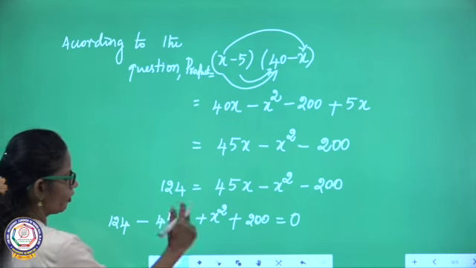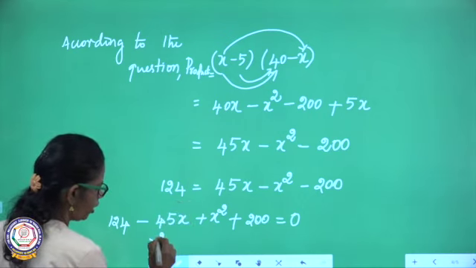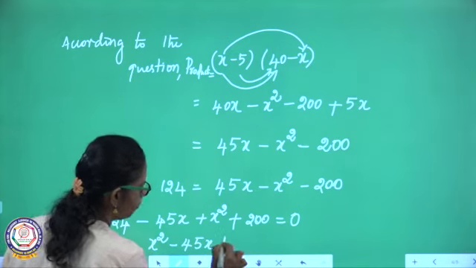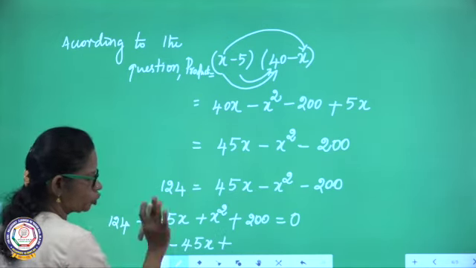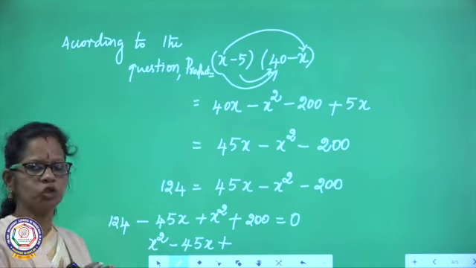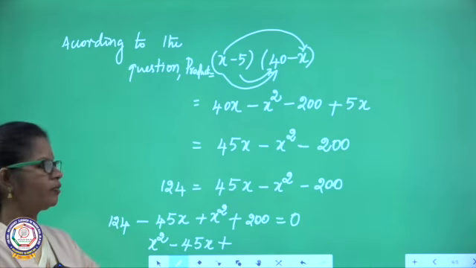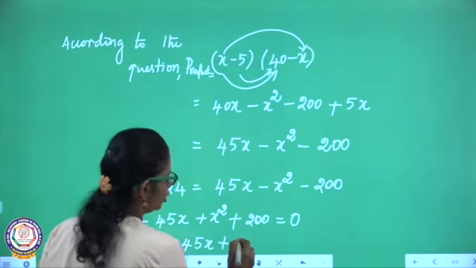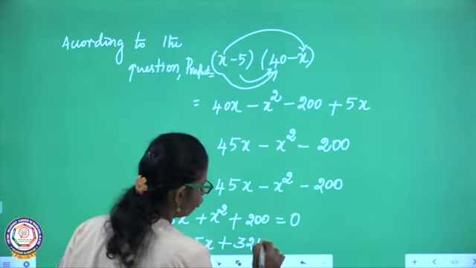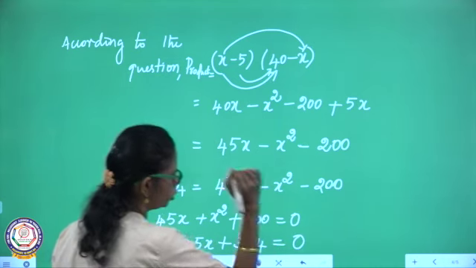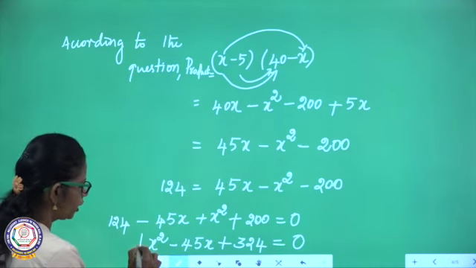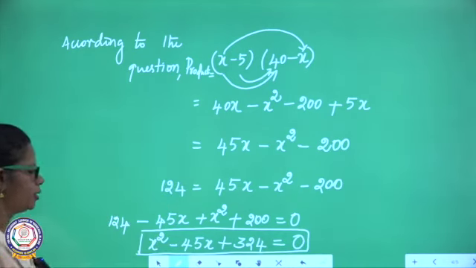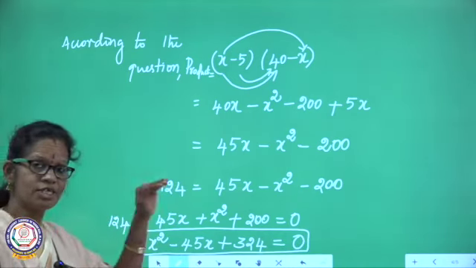I am going to simplify this: x square minus 45x plus 124 plus 200. If you are confident, you should do the addition directly, or otherwise use the right side margin. 324 equal to 0. Now we got the expression as a quadratic. That's all for the first example.